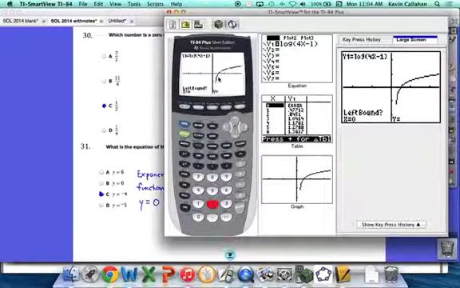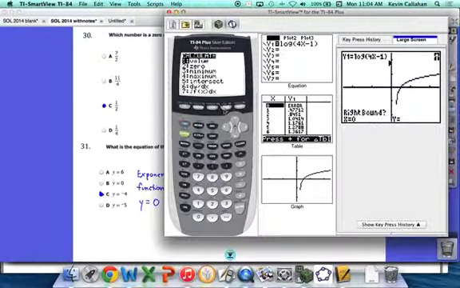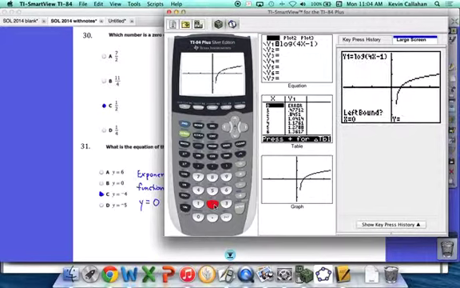At this point, if I hit enter, it doesn't work, because it's actually not on any graph right now. What we would have to do is second trace 2, arrow over so that you're actually on the graph. There we go, so you can see it.